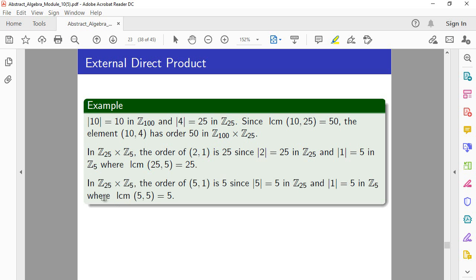In the same external direct product, the order of the element (5, 1) is actually 5, because the order of 5 in Z25 is 5, and the order of 1 in Z5 is 5 as well. So the LCM of 5 and 5 is 5, so the order of (5, 1) is 5.